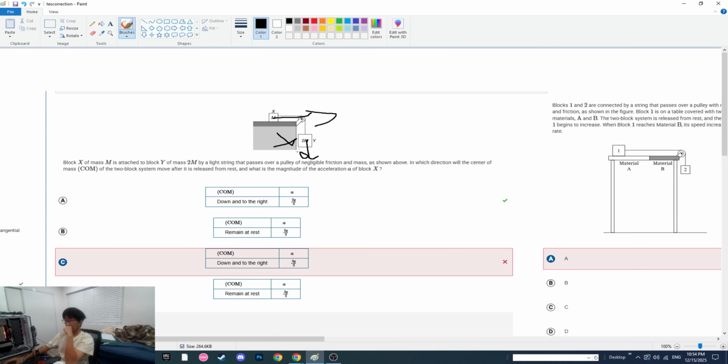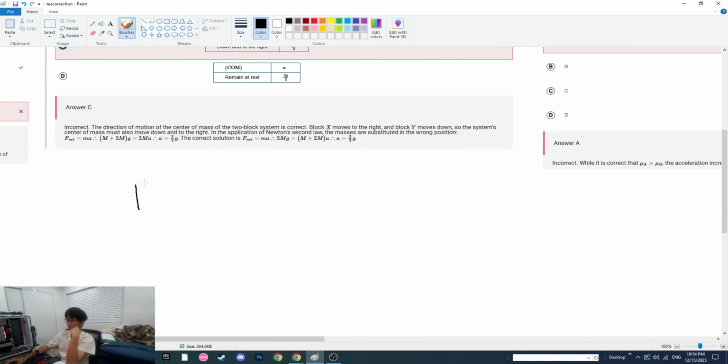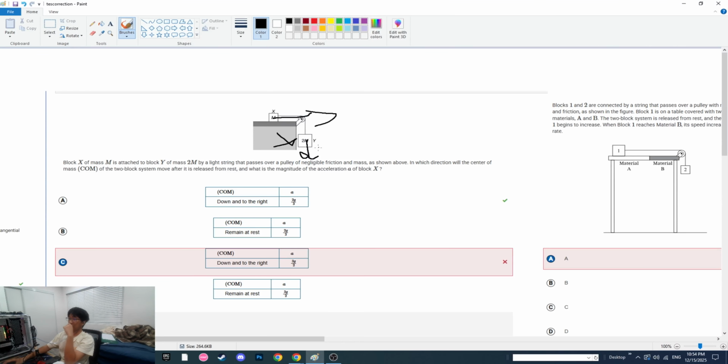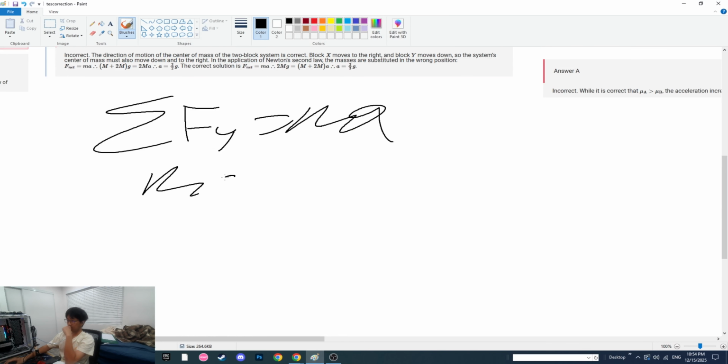And to find the magnitude of acceleration, we do the sum of the forces in the y equals ma. And the force we have is this one, gravity, so it's mg equals ma. And the mass of this is 2m.